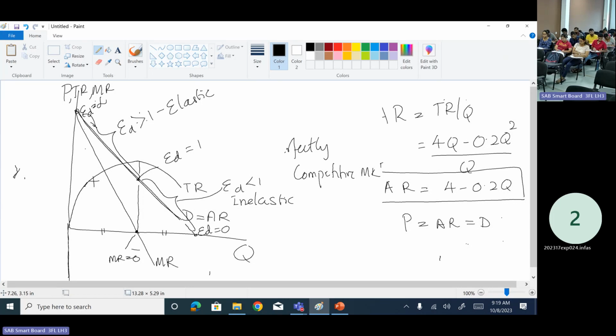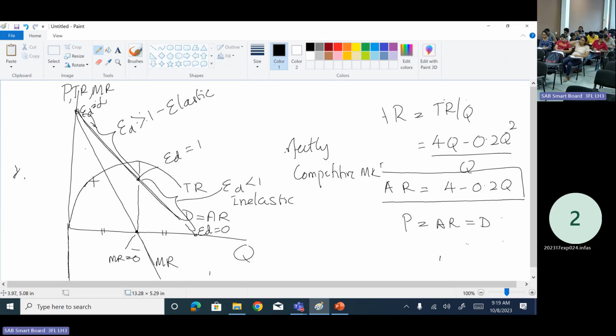Now if you think about the marginal revenue, this is the positive area: starting from here, positive, positive, positive, coming to 0. In the positive area, the elasticity is greater than 1.